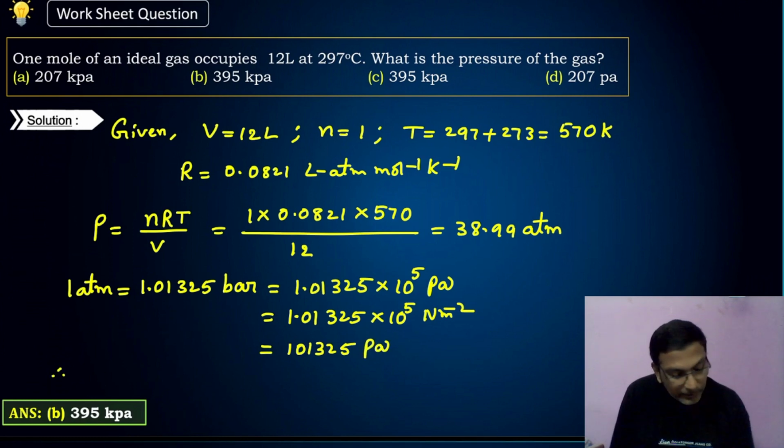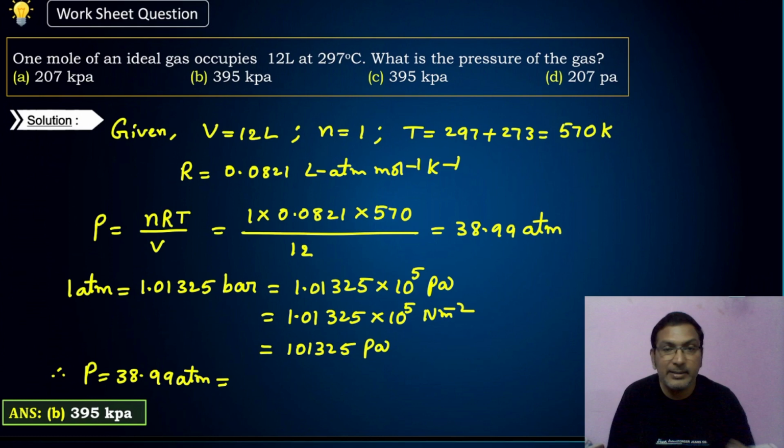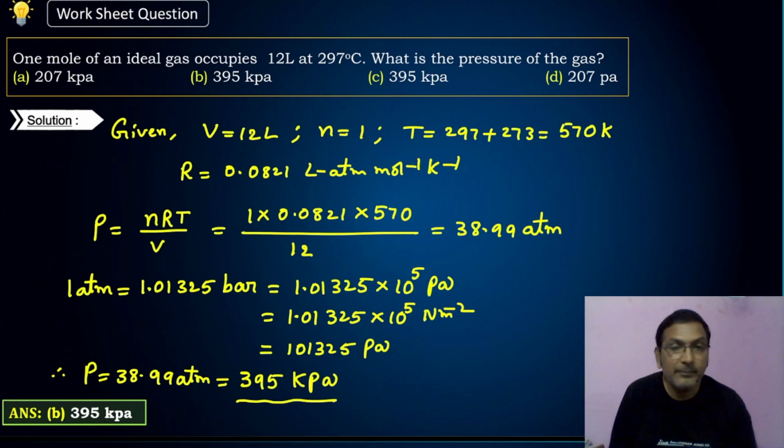Therefore pressure equals 38.99 atmospheres, which, converted into pascals, gives 395 kilopascals. This is the answer.